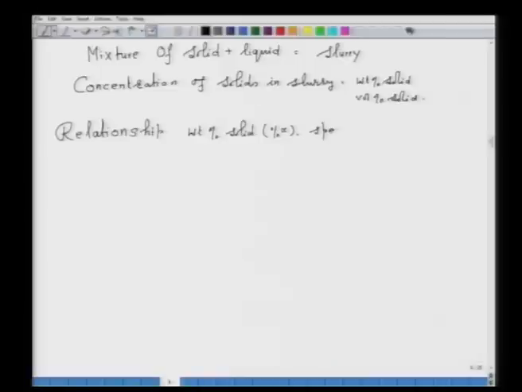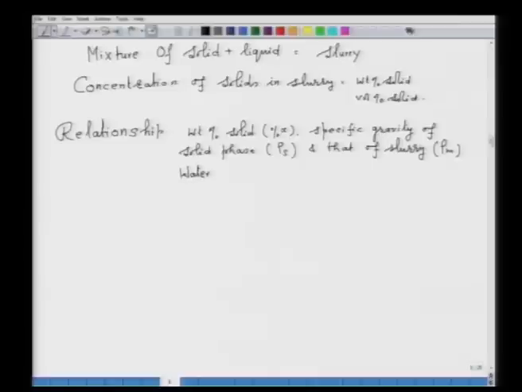specific gravity of solid phase, let us put rho s, and that of slurry put equal to rho m, and we use water as a medium of making slurry.